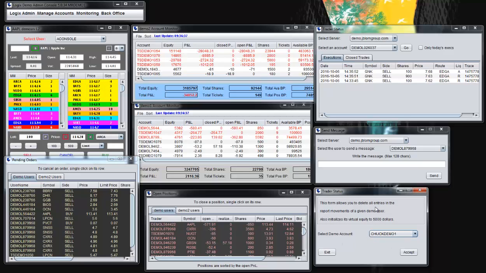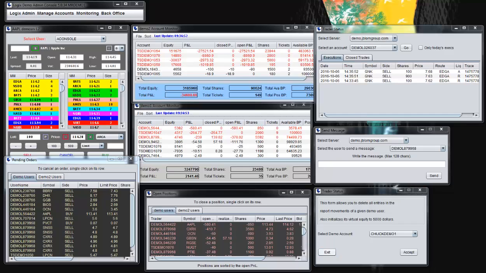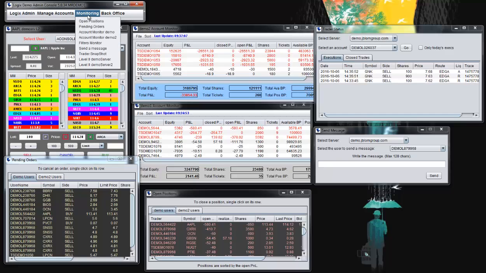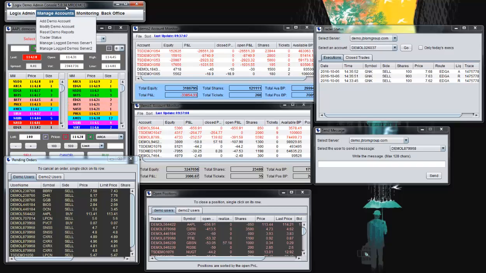You can also reset the statistics that an account has. Let's say there's a guy that you brought in, he started to trade, he made some mistakes, and now all of a sudden in the simulator account he's down tons of money, and he says, oh, please, can I start over?